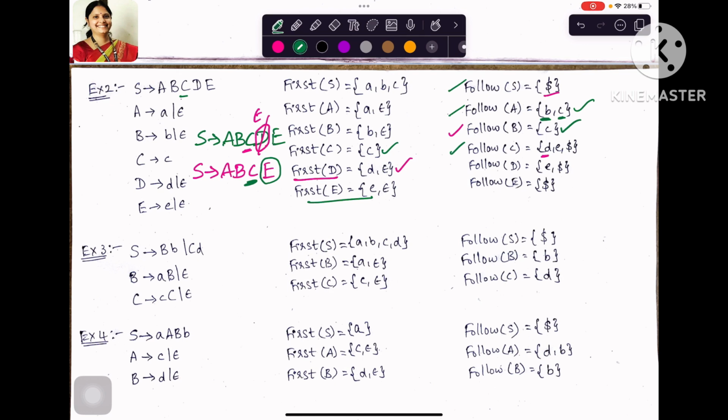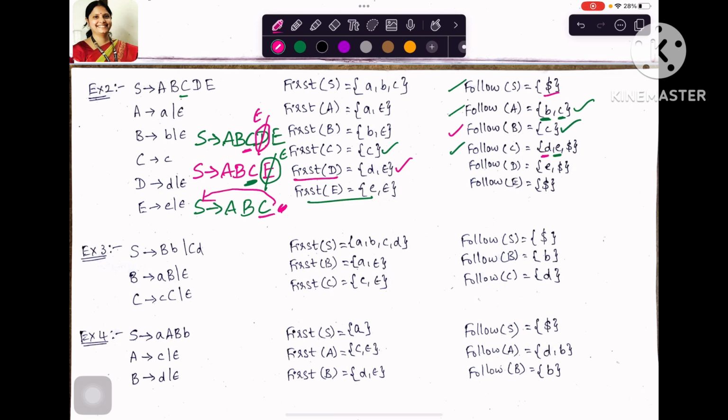So E we can directly write in the result, and epsilon should not be, as we can substitute it in the production. After substituting epsilon for E, the production becomes S produces A, B, C. So what is the follow of C now? Follow of C is nothing, so follow of C is follow of S only.